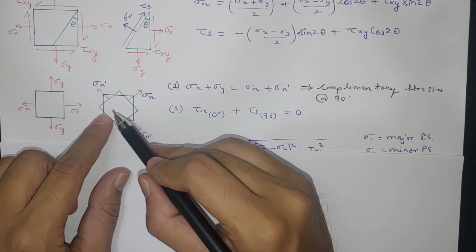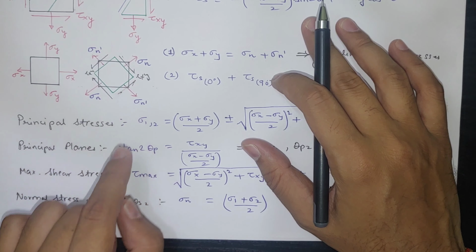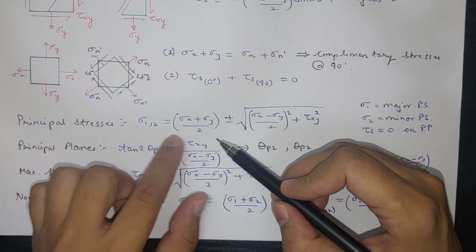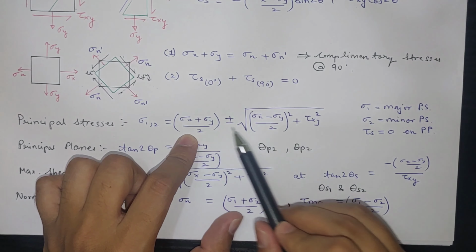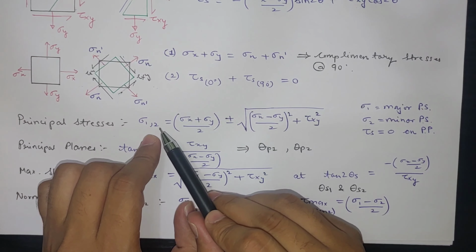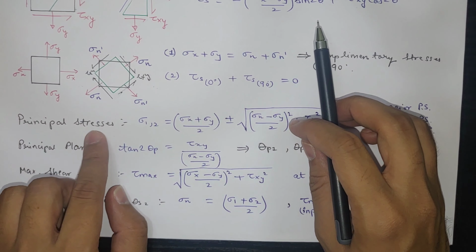Now let us look at the principal stresses. Principal stresses are the maximum stresses, and they occur at some particular angle. Principal stresses are sigma 1 and sigma 2, calculated from sigma x, sigma y, and tau xy using this equation to calculate the maximum value of stress. Sigma 1 is the major principal stress, the higher value.